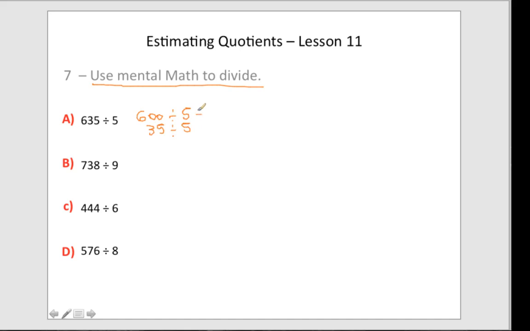Here, I will find 12, because I know that 500 divided by 5 is 10. So here I have 6, so it is 12, and here it is 7. So what do I do? I add both of them, okay? Remember, teacher, you are dividing here not 60, you are dividing here 600. So what do I need to do? Add 0, perfect.